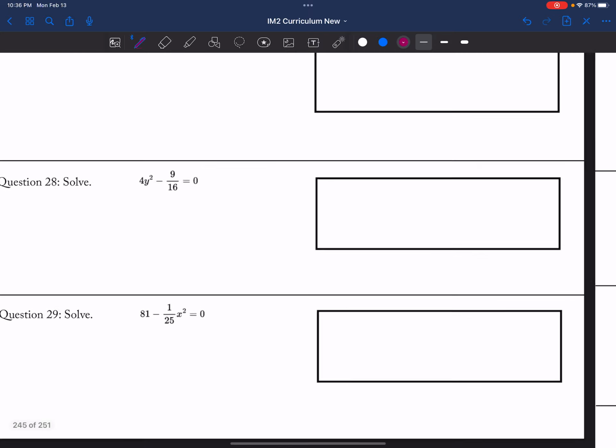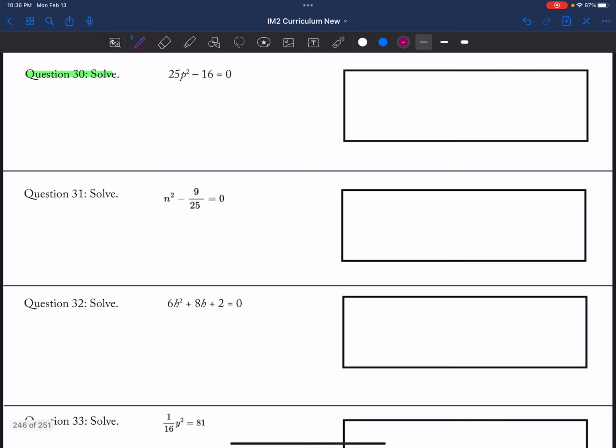Okay. And then difference of squares, so 5p minus 4 and 5p plus 4 equals 0. So p is equal to negative 4/5 and positive 4/5.